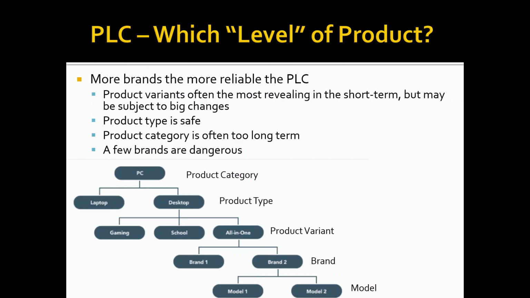The reason that's important is you want to make sure that the set of products is representative of the market that you're looking at and where you have either invested in a brand or are considering entering that market. So when it's higher in the hierarchy, a product category or a product type, so if we looked at all automobiles, that's really safe because it includes all different types of vehicles, all different variants, all the different models.